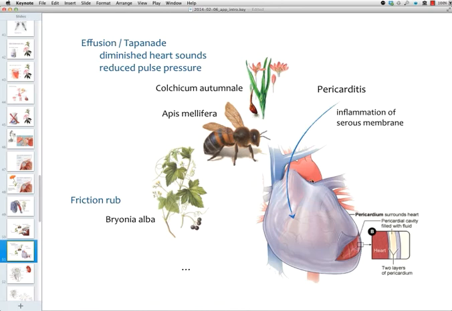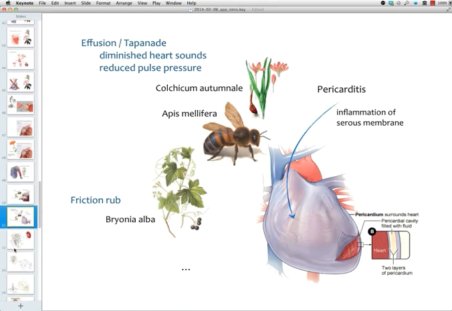And so we'll hear diminished heart sounds with a stethoscope over the heart, because there's an insulating layer of fluid between us and the heart, so the heart sounds much fainter than it should. We'll also see a reduced pulse pressure in the arm, or other limbs, because the heart can't fully fill, can't get a full volume out into the arteries. Okay.